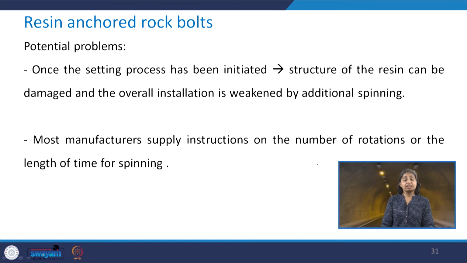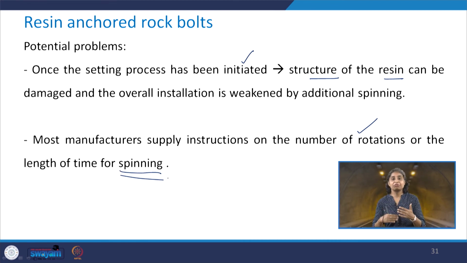Once the setting process has been initiated, the structure of the resin can be damaged and the overall installation weakened by additional spinning. So most manufacturers supply instructions on the number of rotations or the length of time for spinning, and you need to be extremely careful.